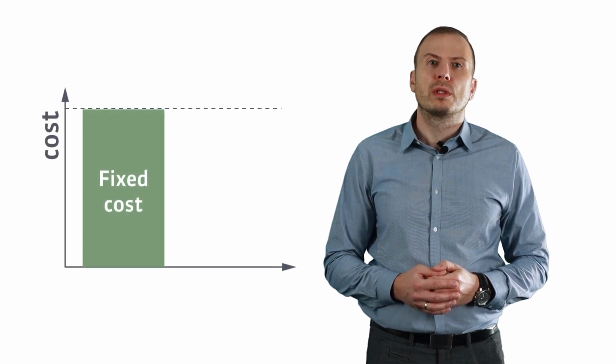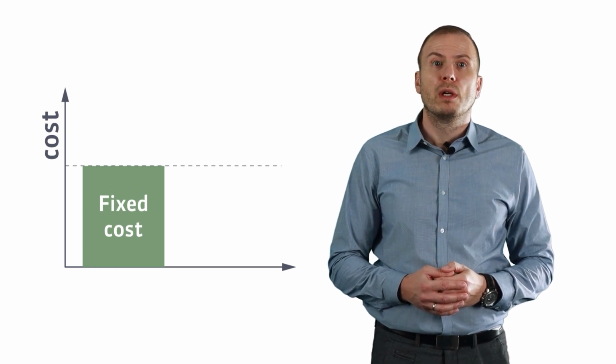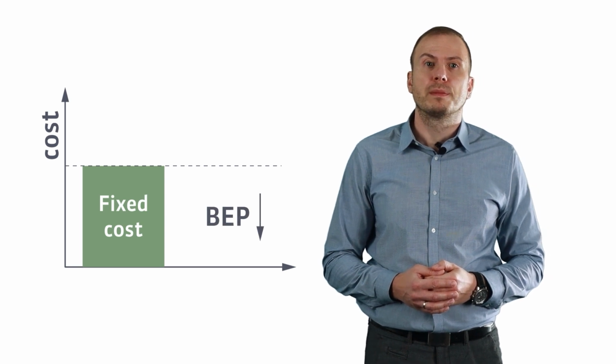Now that you know how to divide mixed costs into fixed and variable costs, you can use the CVP analysis. A mixed cost with lower fixed part is favorable for a business because the break-even point is lower. Let's summarize the advantages and disadvantages of the high-low method.